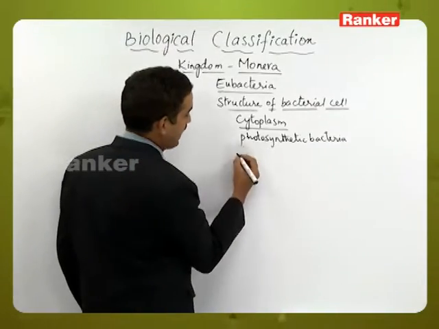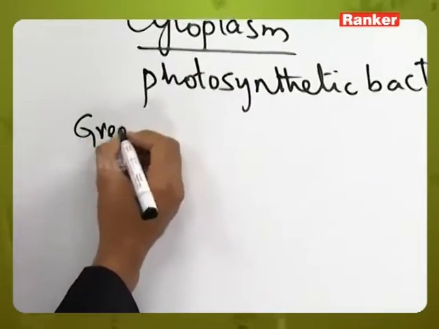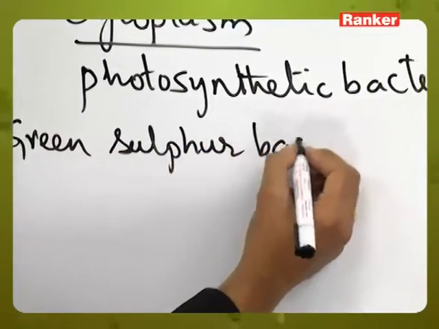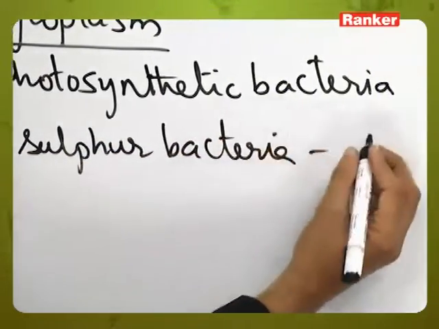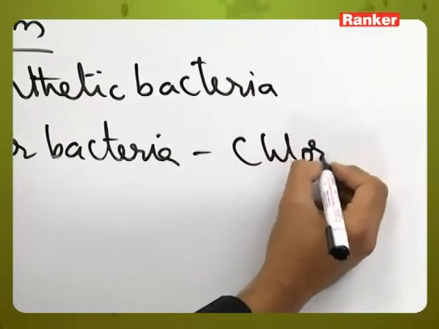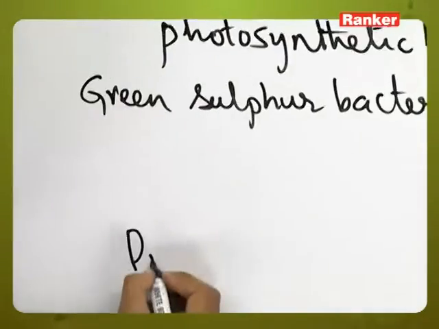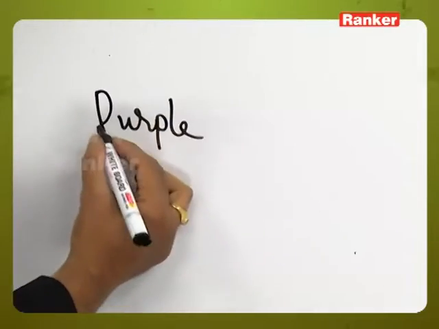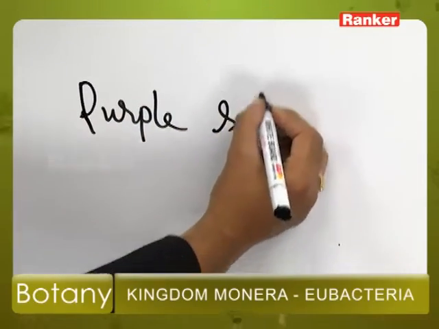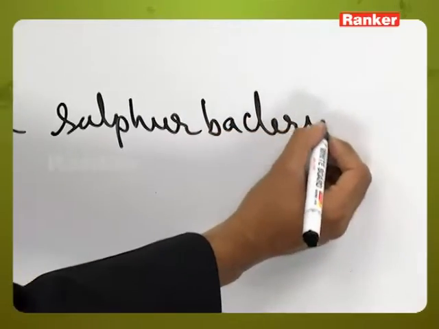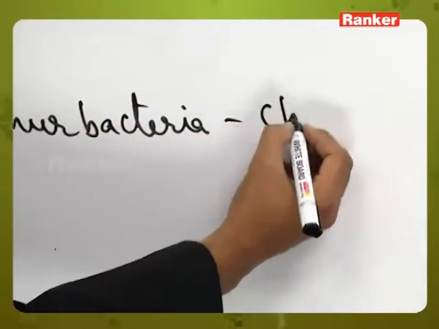The photosynthetic bacteria like green sulfur bacteria, that is chlorobium, and the other one is purple sulfur bacteria, called chromatium.